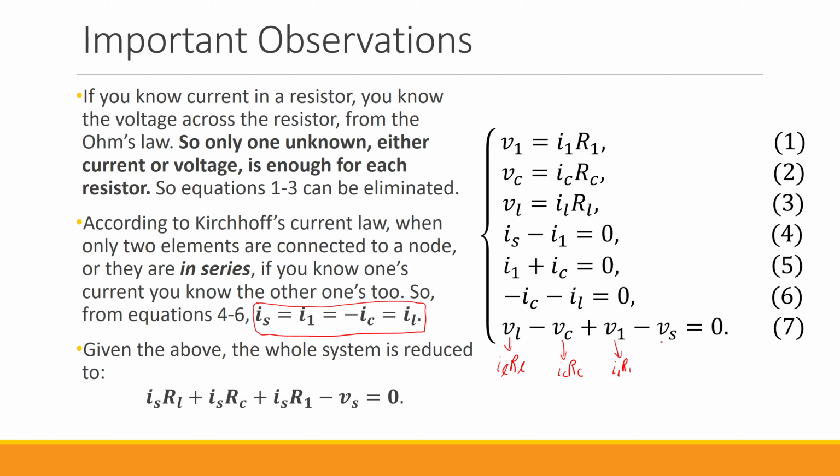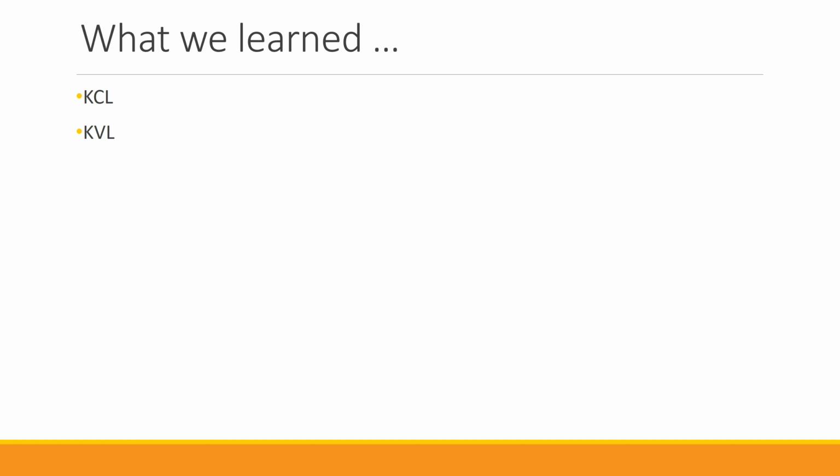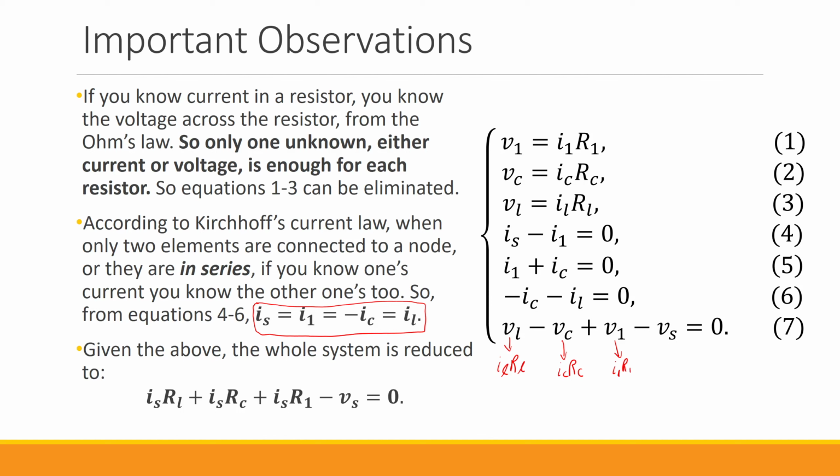And then finally we have Vs itself equals 0. So the whole set of equations that we had for that specific circuit is going to be simplified to this very basic equation. If we know the values for RL, RC, R1 and Vs, the only thing that we need to find out is the value for Is.